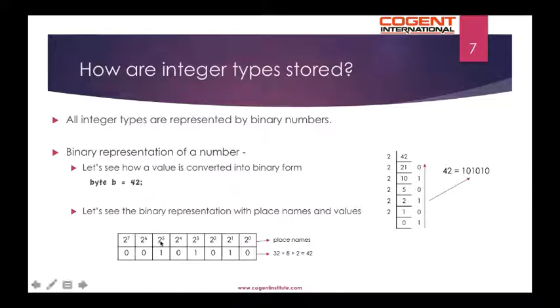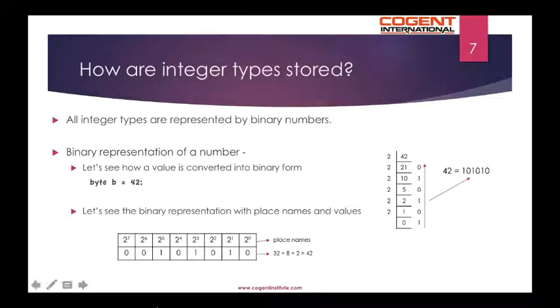If we have to convert this binary back into the decimal form, the value of 2 to the power of n is multiplied by the bit, and then the product for each of these bits is summed up to get back the decimal value.